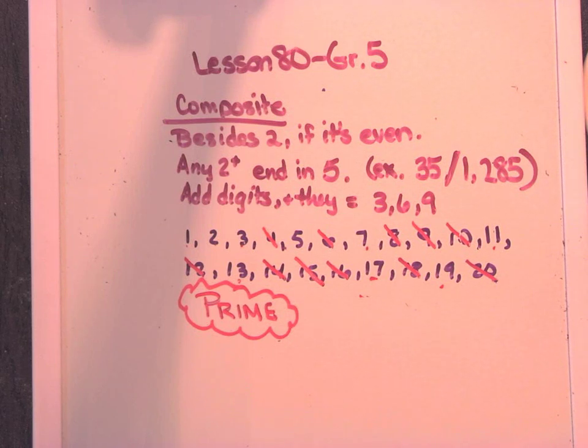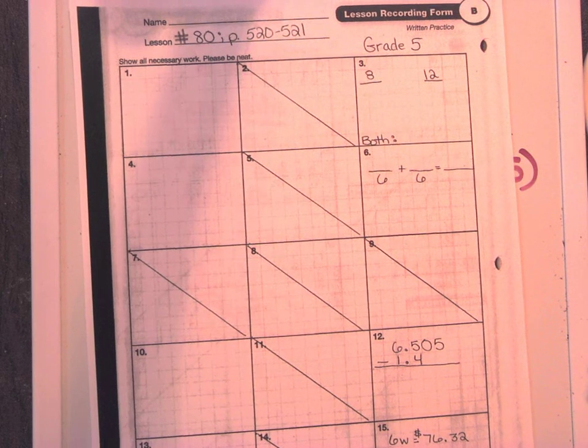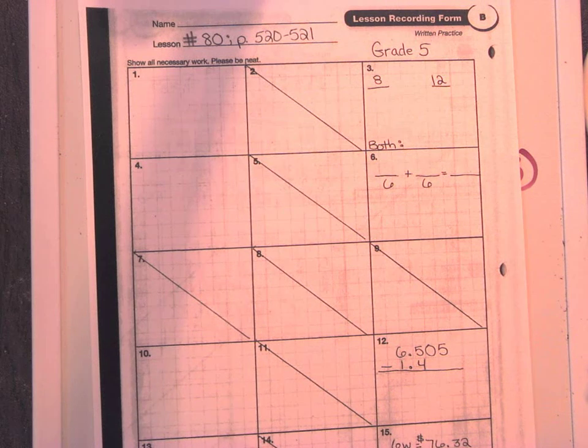Okay? You have a worksheet today that's dealing with lesson 80. And if we go over some of that together just to make sure you understand what you have to do in lesson 80, you have number 1, you're looking for the cost of the profit that the store makes.